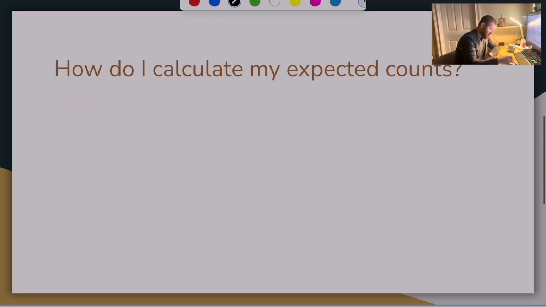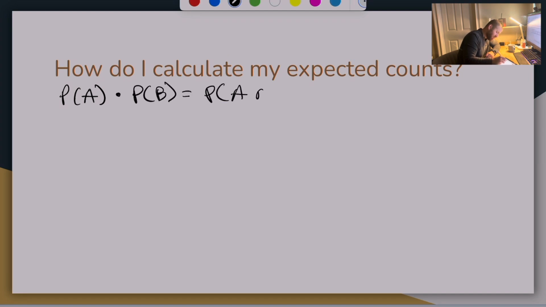So, how do we calculate our expected counts now? There is a very specific formula for it. If you remember from probability, if events are independent, we said the probability of A times the probability of B was the probability of A and B. And so this is where the formula comes from.